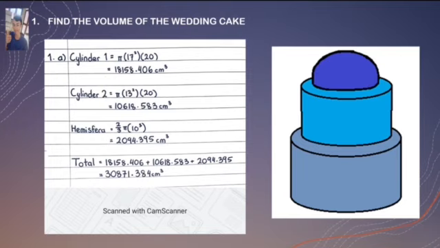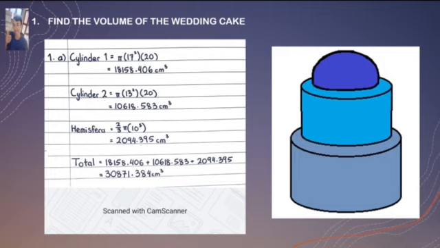Cylinder 1 has a radius of 17 cm and a height of 20 cm. So we substitute into the formula, pi times 17 squared times 20, which equals 18158.406 cm cubed. For the next cylinder, we call it cylinder 2. Cylinder 2 has a radius of 13 cm and a height of 20 cm.